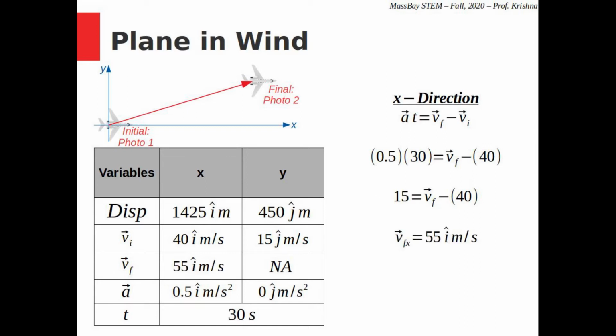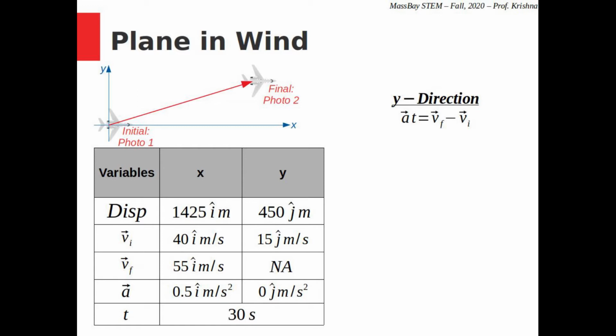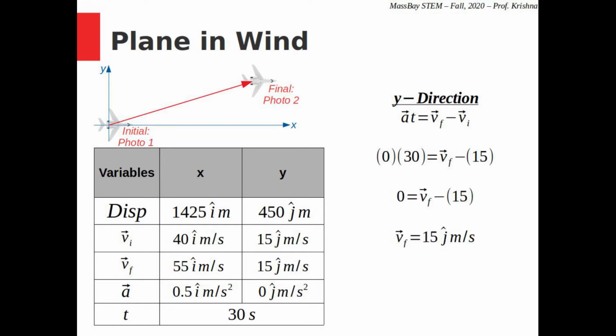In the x direction, the velocity of the plane is 55 i hat meters per second. And in the y direction, it remains 15 j hat meters per second because there was no acceleration.